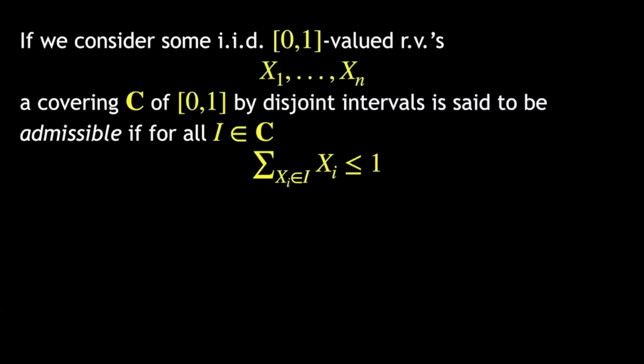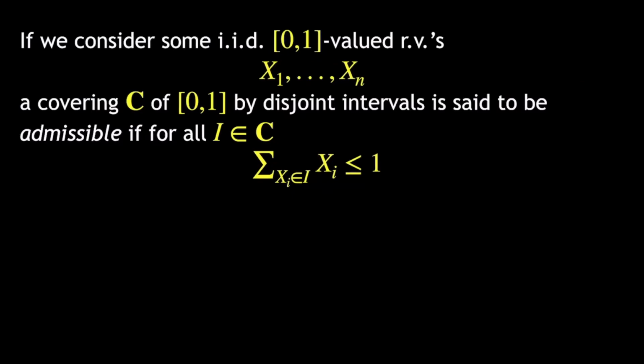So another example which comes from random combinatorics is bin packing. So what are we doing with bin packing? We are considering independent and identically distributed random variables with values in the segment 0, 1. And you are considering coverings of 0, 1 by disjoint intervals, but you only consider the coverings that respect some kind of budget that you have.